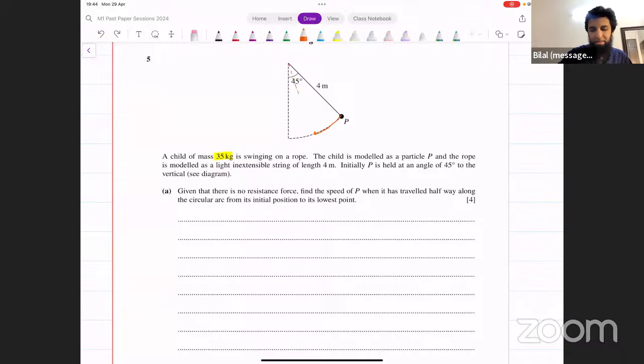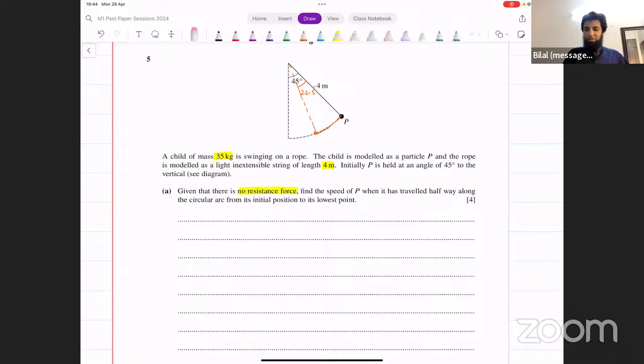If that complete angle was 45 degrees, this angle would be half of that. What's half of 45? It's 22.5 degrees. We need to find the speed of P at this particular point. We are given the length of that string, that is 4 meters, and that's it.